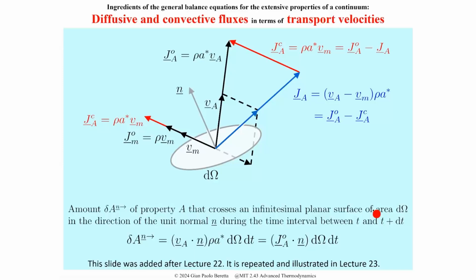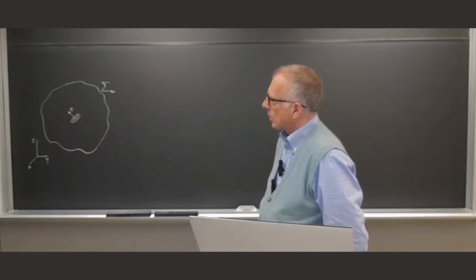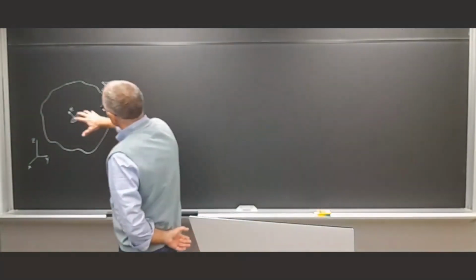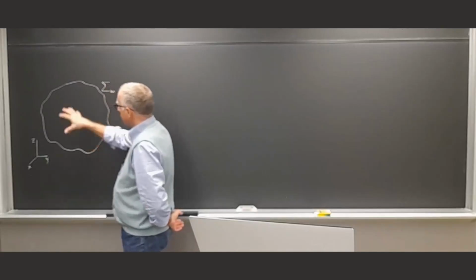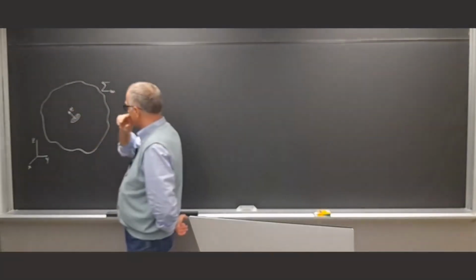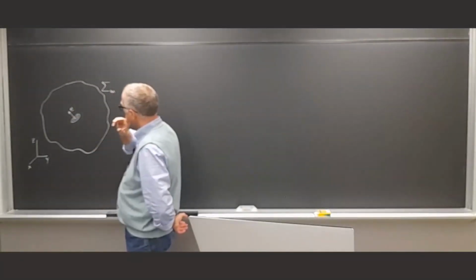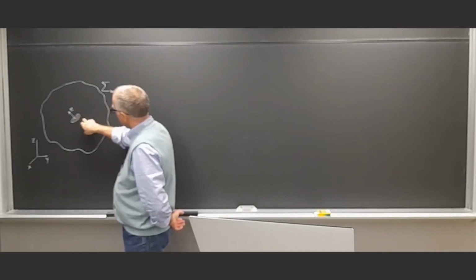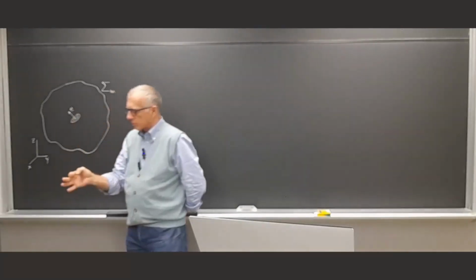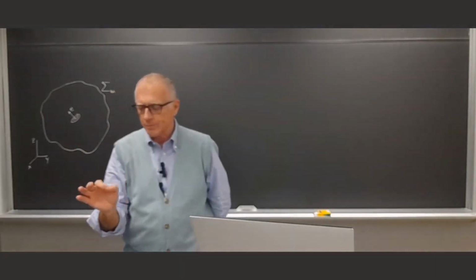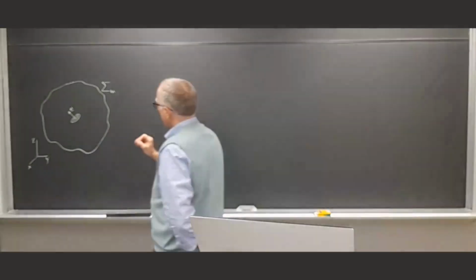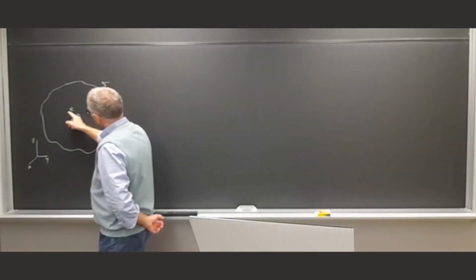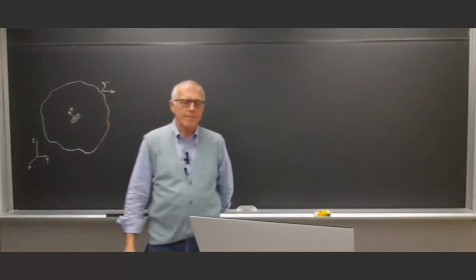The idea is that we have a continuum with all the assumptions that go under this description. And suppose that anywhere, somewhere inside your continuum, you set up a small surface area with an oriented normal n.